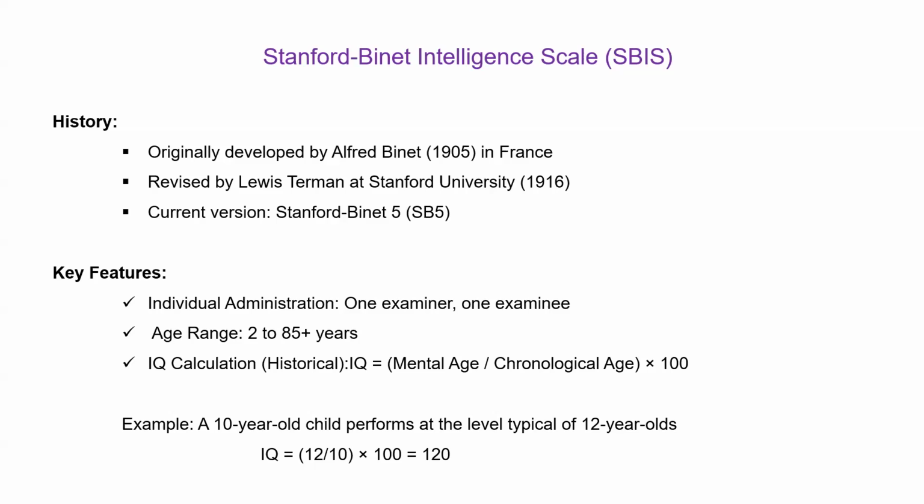Then what is his IQ level? We have the mental level, the level at which he performs, the intellectual level, 12. And the chronological age means age by birth.